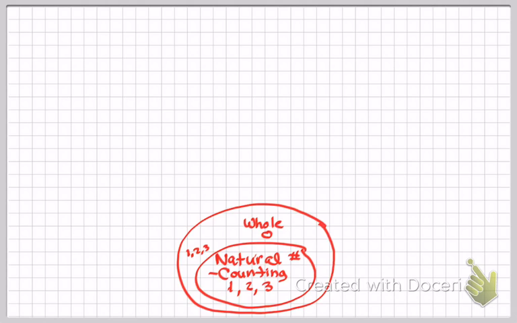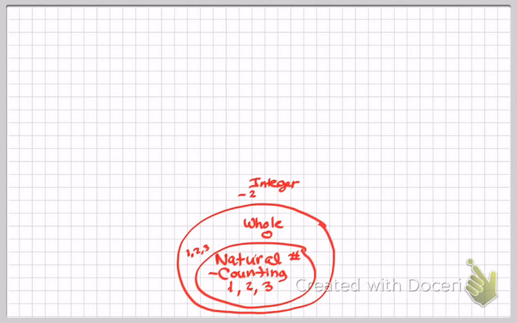Then we get to like 5th or 6th grade, and we start talking about another group of numbers. Does anybody know what those are? Sam? Integers. And how are those different from our wholes? They include all of the whole numbers and their opposites.